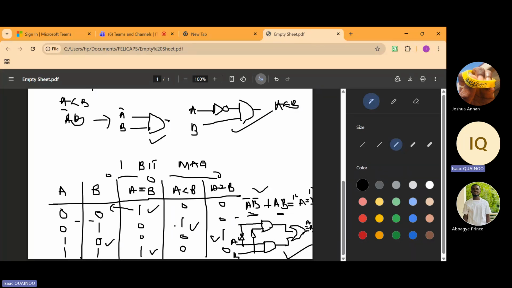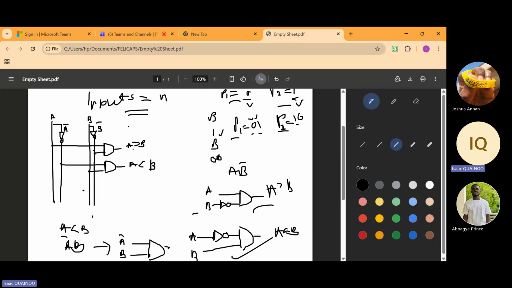So let me see. We first had an A bar and then B bar. So let's represent that, A bar and B bar. So we first had A bar and then B bar.